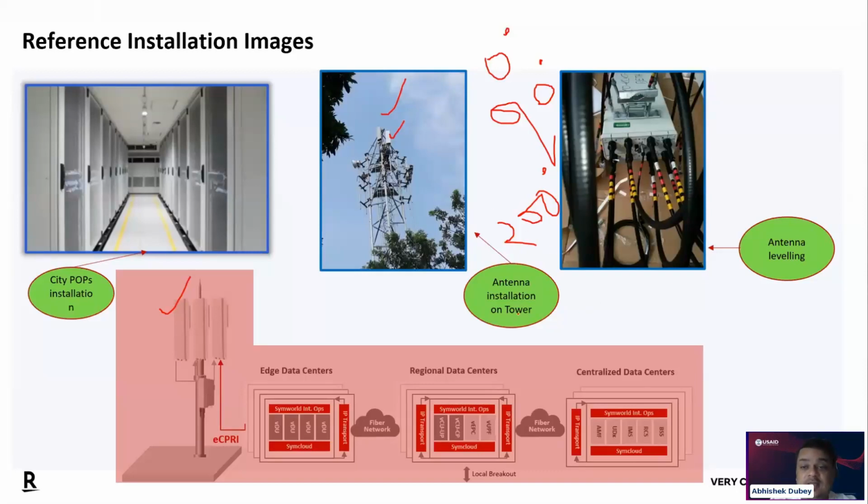Okay, the next part is, let's talk about before installing the antenna. You need to always take care of the environmental issues, and you always need to keep in mind that there could be rain, and you have to protect your equipment from the rain.